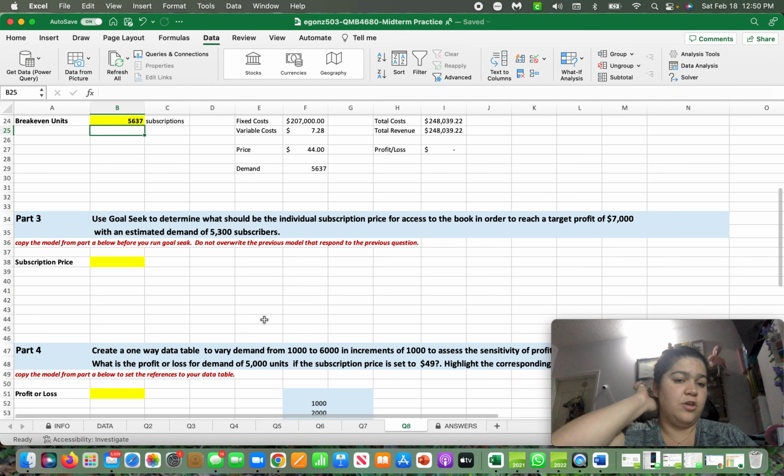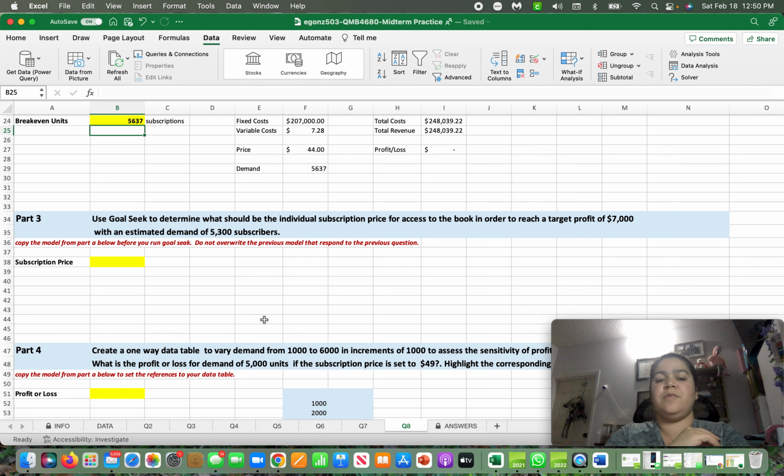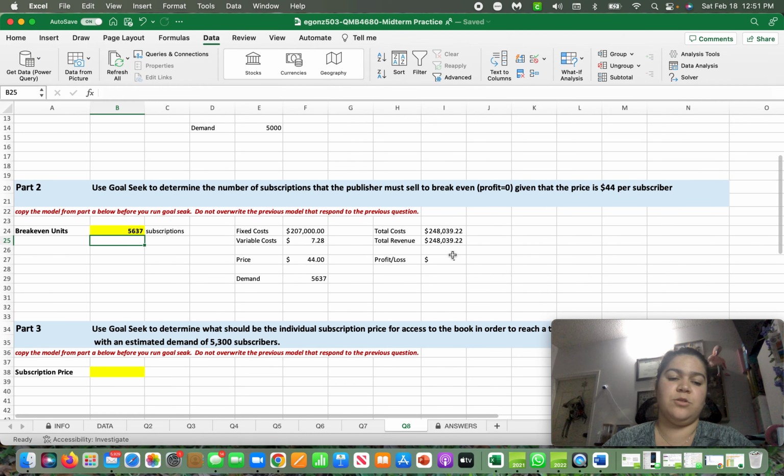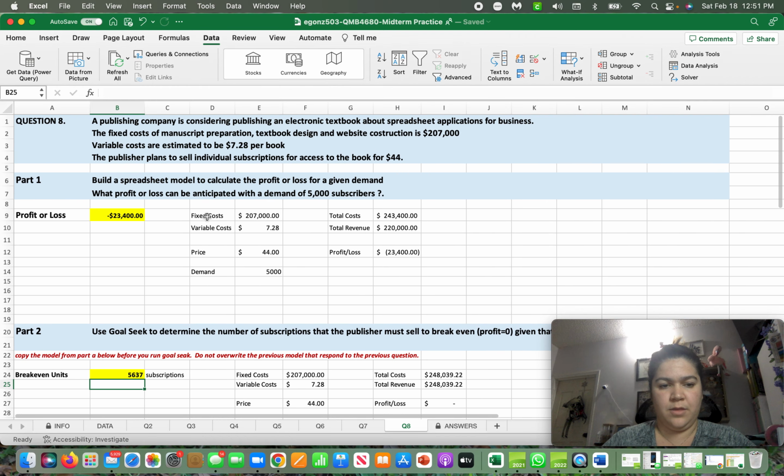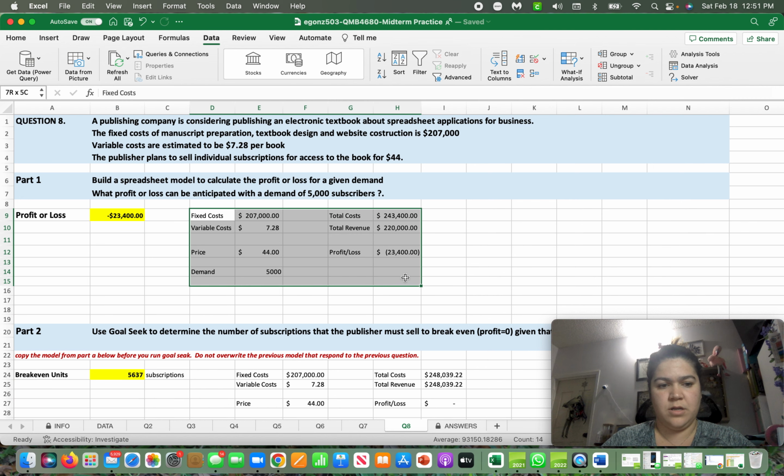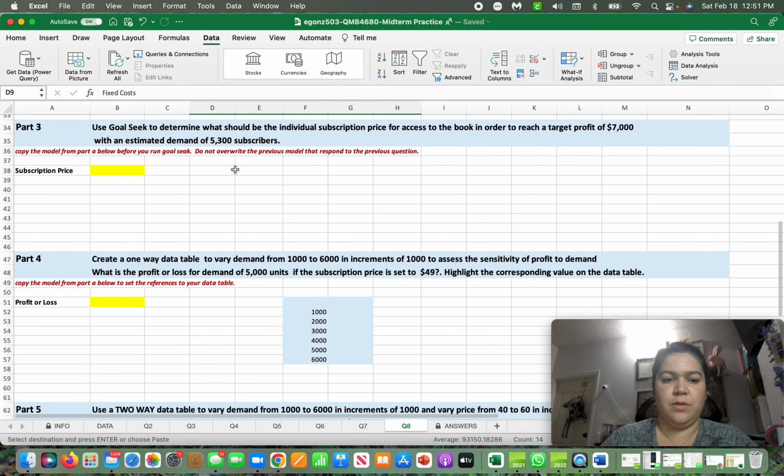Okay, let's go to 8. Part 3. Use the goal seek to determine what should be the individual subscription price for access to the book in order to reach a target profit of $7,000 with an estimated demand of 5,300 subscribers. It says copy this from part 1 and then paste it down here below.